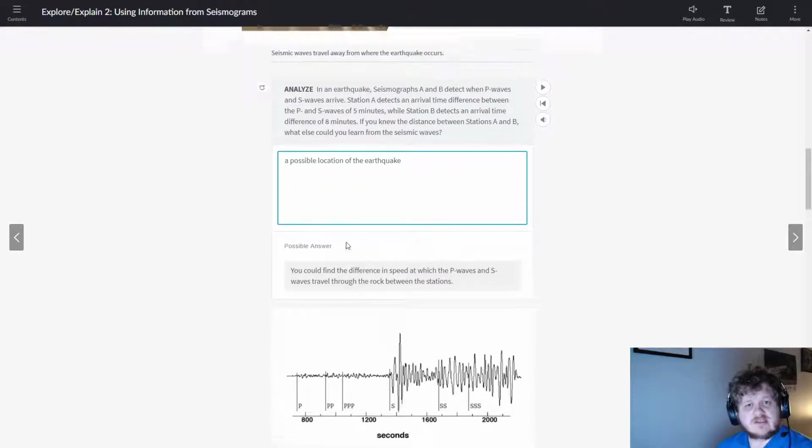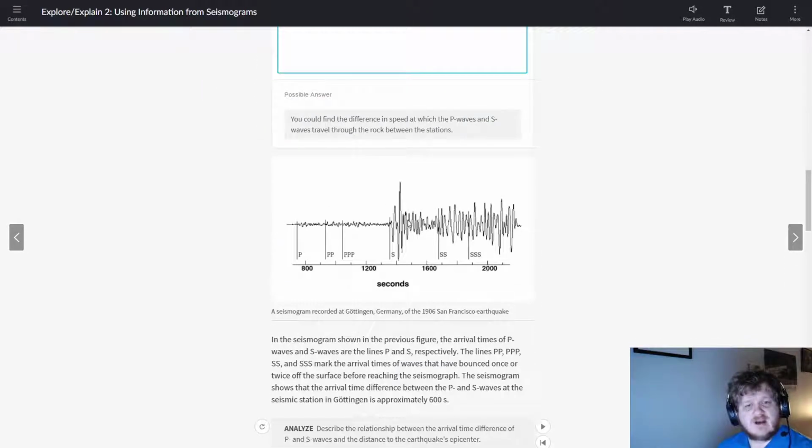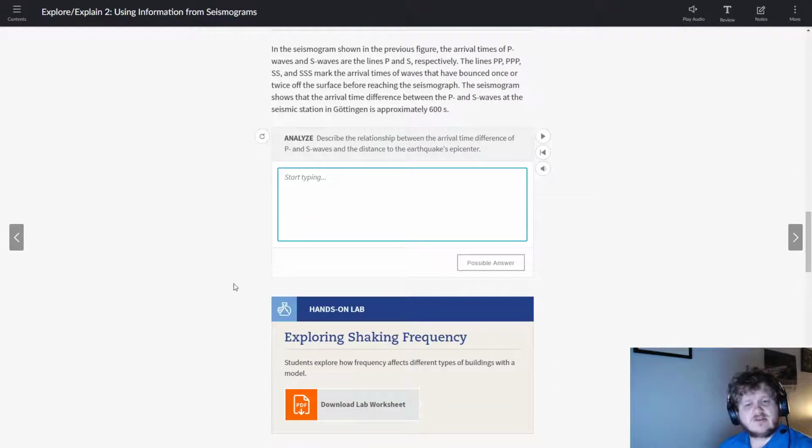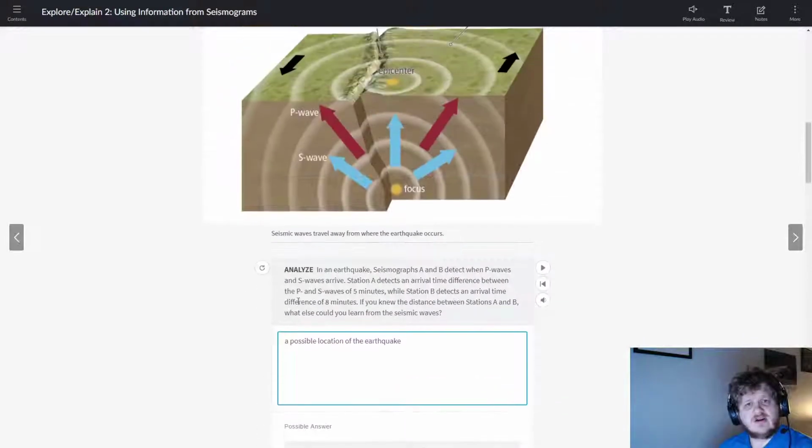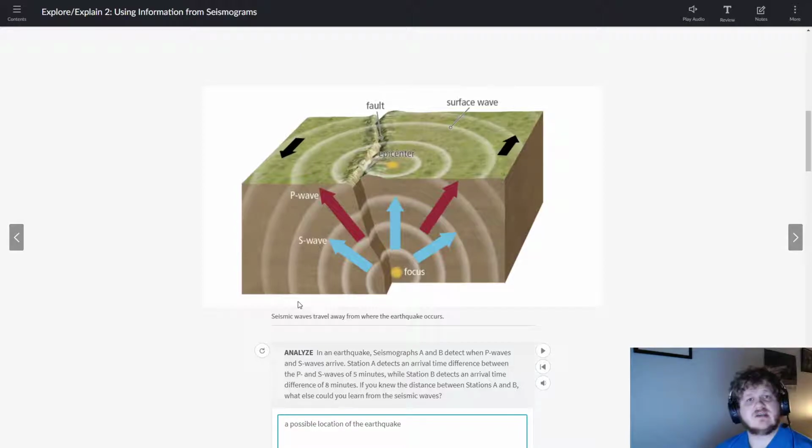If there's a longer time between the pressure waves and the surface waves, that is usually evidence that the epicenter is much further away than it would be if there's a very short lag time between the two waves.